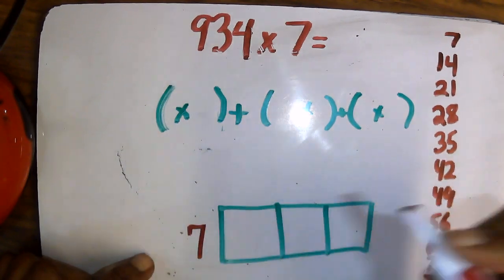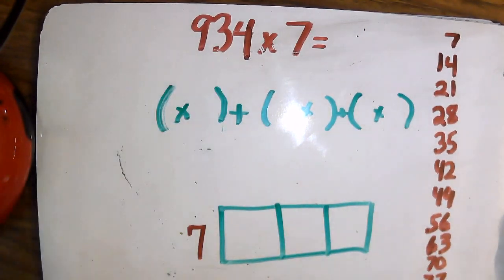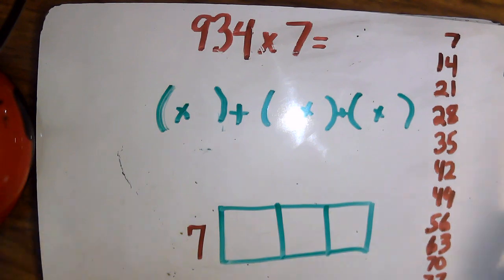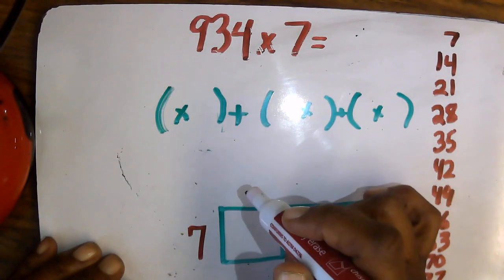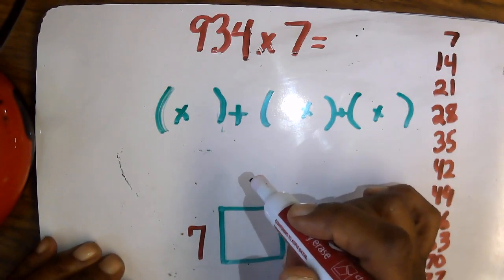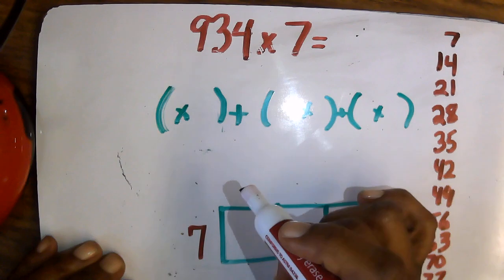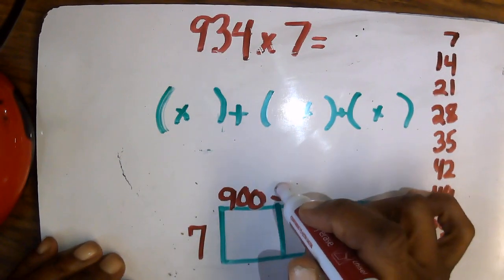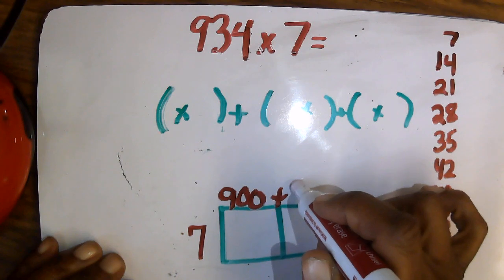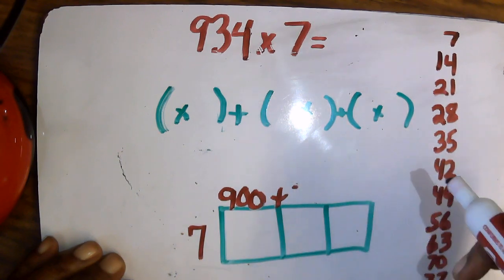And the expanded form for 934 is what, Kaden? What's the expanded form for 934? 900 plus, no, the 3 is in what?